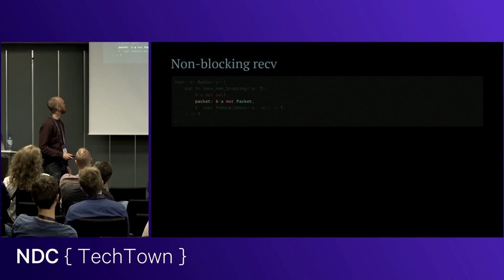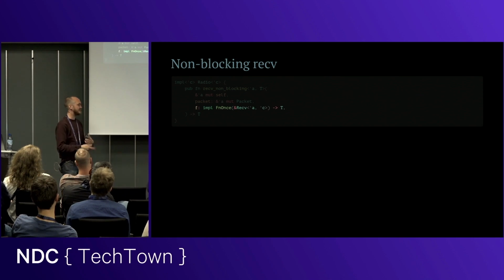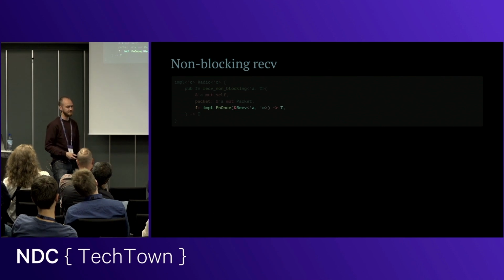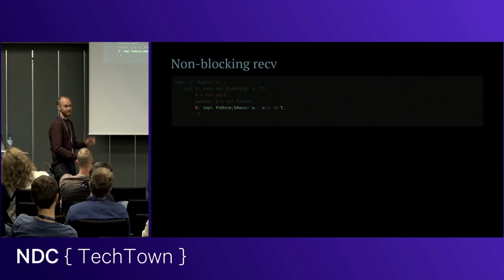So to prevent this, the function actually takes a function as an argument here. The actual handling of the non-blocking code happens inside this closure that's provided to the function, to make sure that the packet lifetime is guaranteed to outlive the transfer, the receive call.